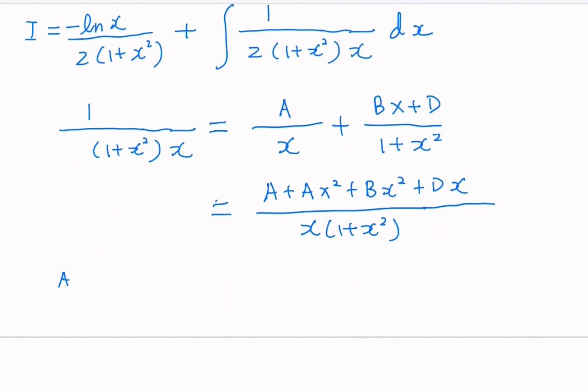So a equals 1, and a plus b equals 0, and d equals 0, and then b equals negative 1. So that is 1 over x, and then b is negative 1, so minus x over 1 plus x squared.